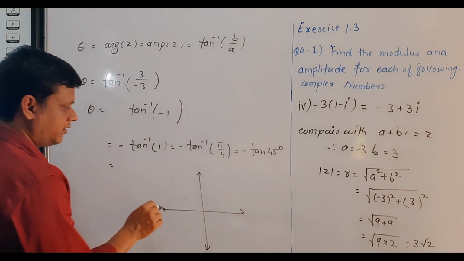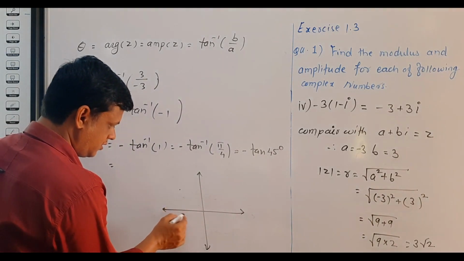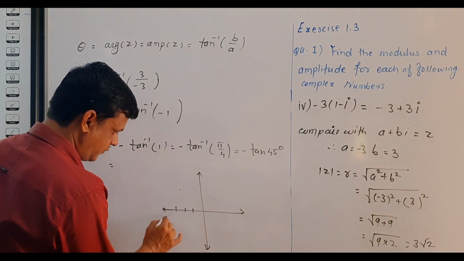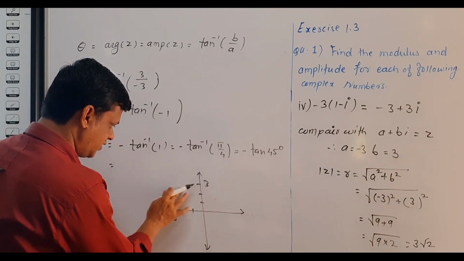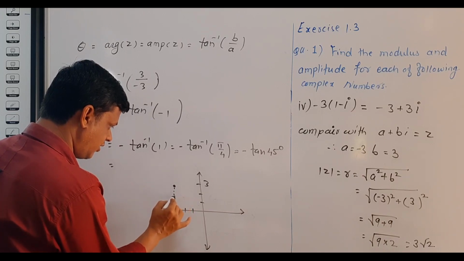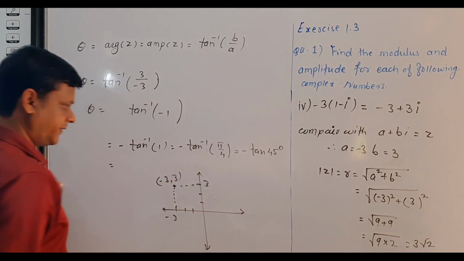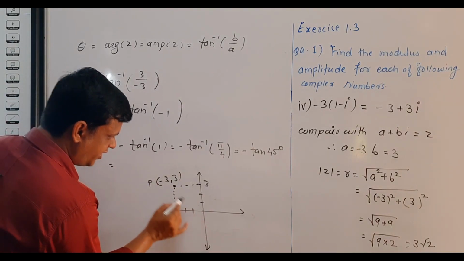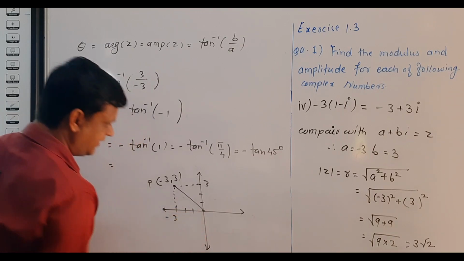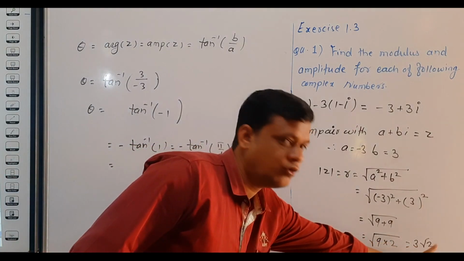we first confirm that the point lies in the third quadrant. Suppose 1, 2, 3. So this is minus 3, and 1, 2, 3, this is plus 3. So this point we represent on the graph in this way, minus 3, plus 3. When we join this P with the origin, this distance is nothing but the value of r, that is 3 root 2.